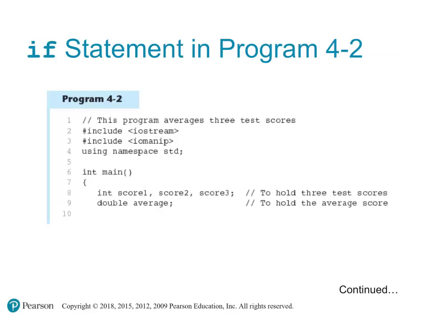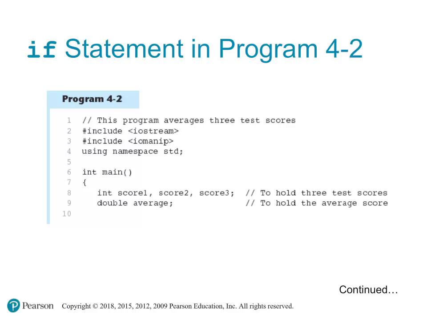We are looking at a C++ program that calculates the average of 3 test scores and conditionally congratulates the user if the average is high. The program includes iostream for standard input-output and iomanip for formatting output.